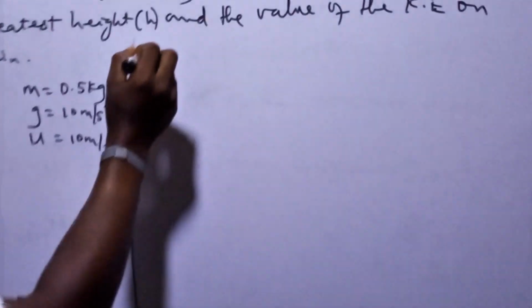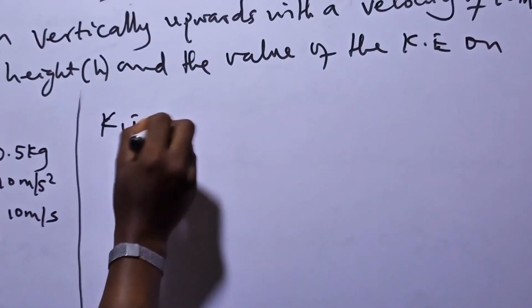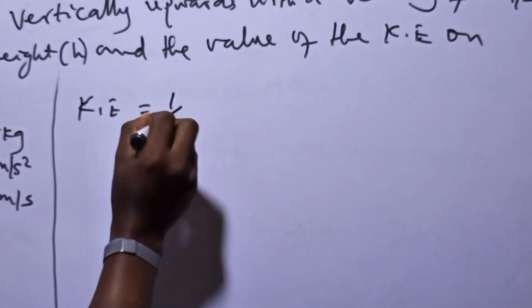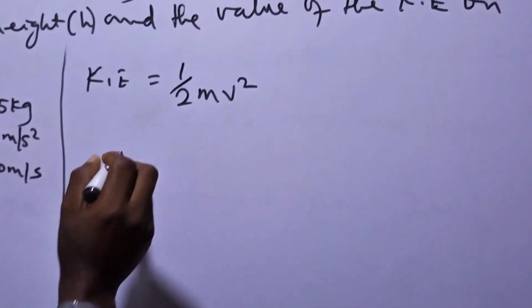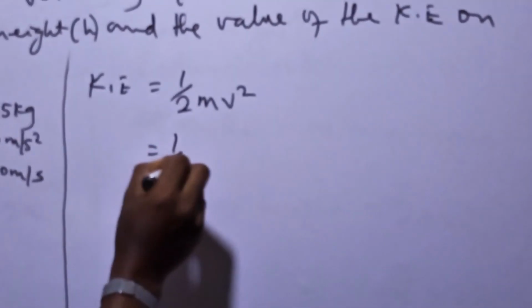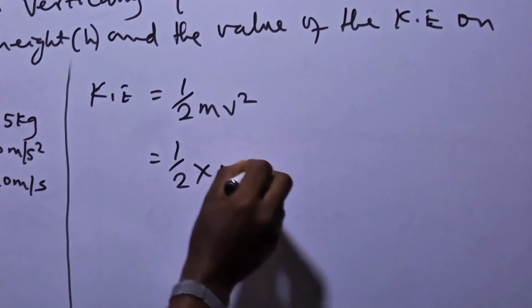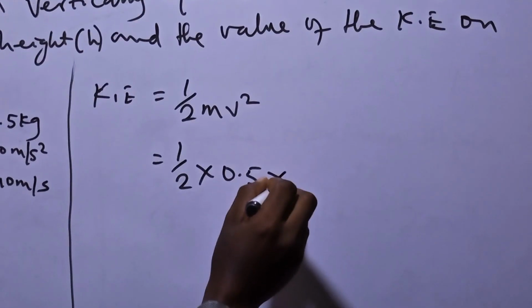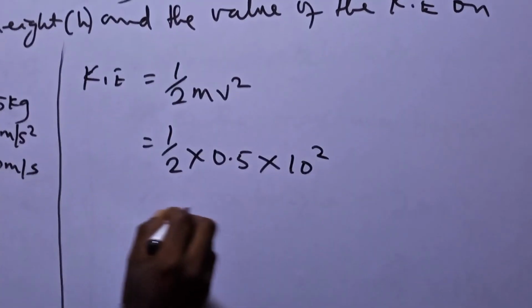Now, we also have the value of the kinetic energy on reaching the ground. The kinetic energy equals, on reaching the ground, half mv square. Now, substituting the values, 1 over 2 and the mass, which is 0.5, times the velocity, which is 10 square.